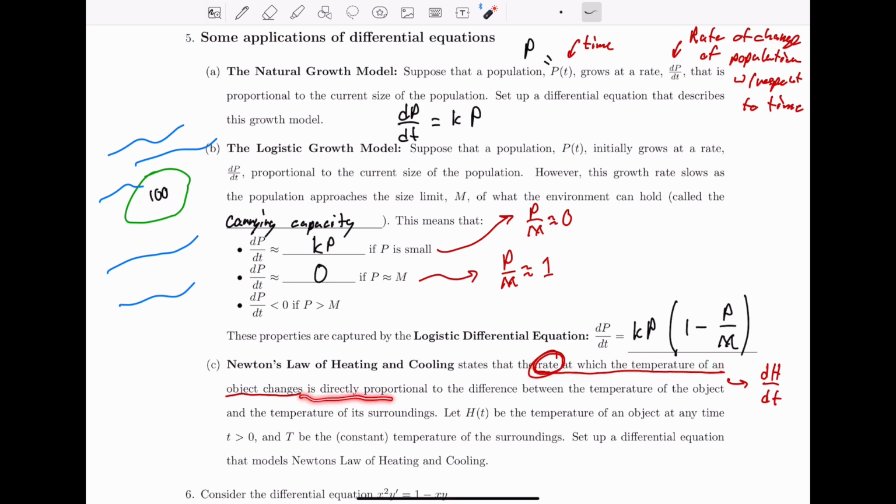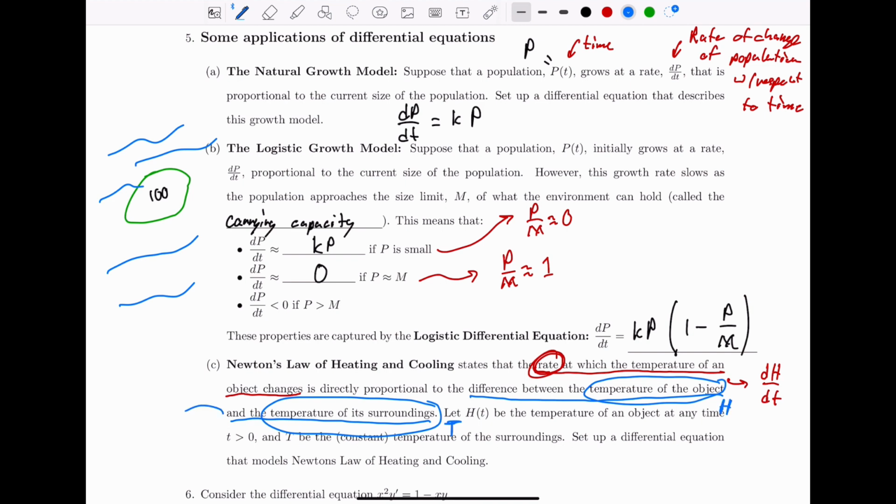All right, so this is directly proportional to, now let's talk about this next part, the difference between the temperature of the object and the temperature of its surroundings. The temperature of the surroundings, we're calling that T. The temperature of the object, that's what we're calling H. So the difference between these is going to be H minus T. That's the difference between the temperature of the object and the temperature of the surroundings.